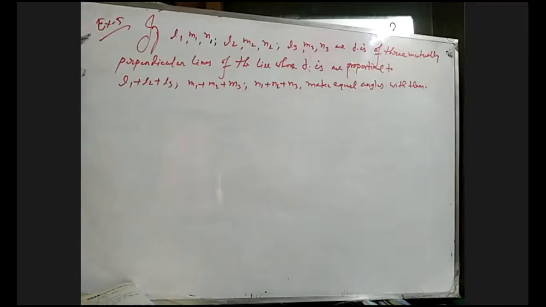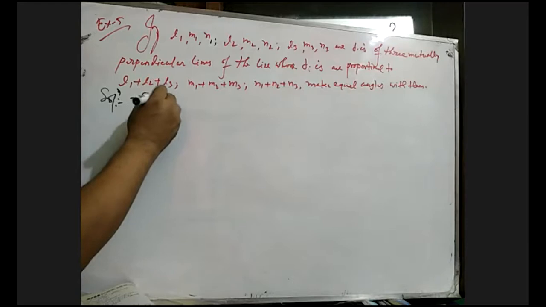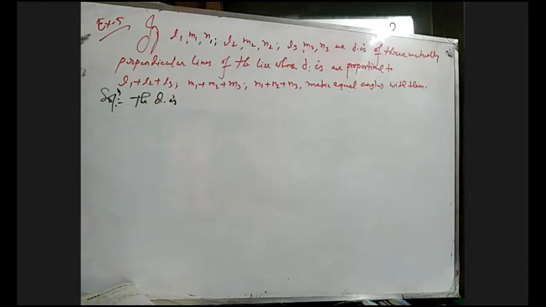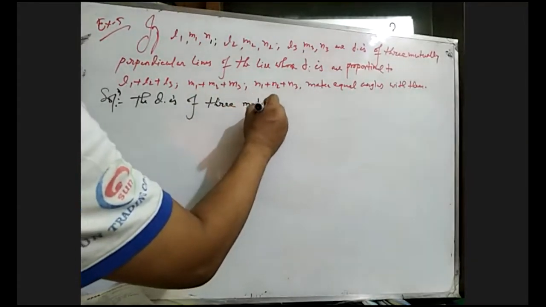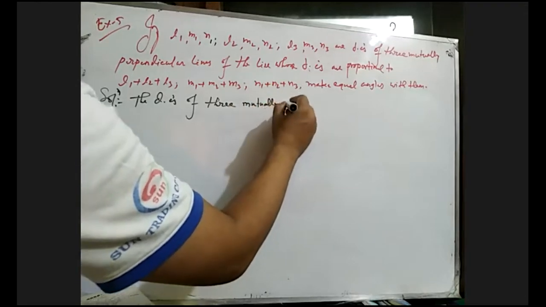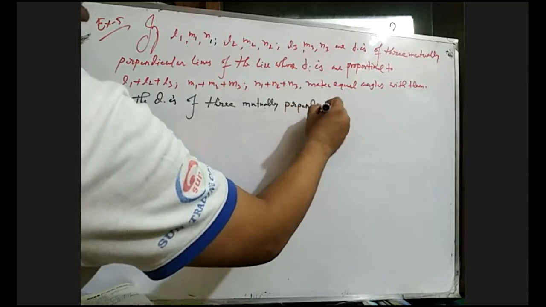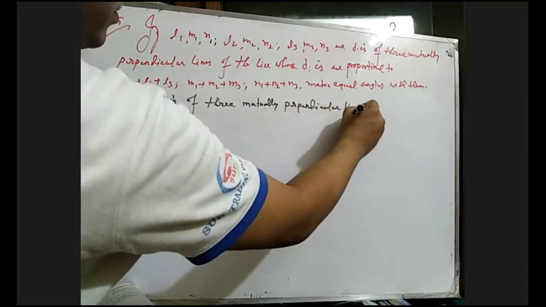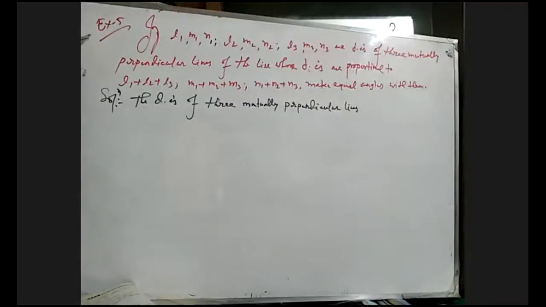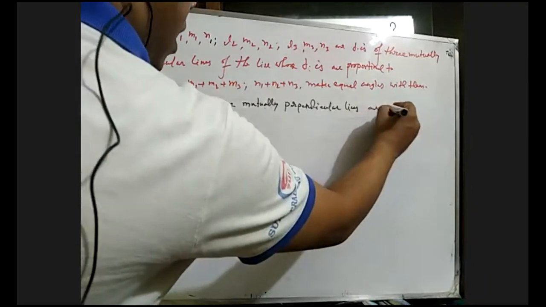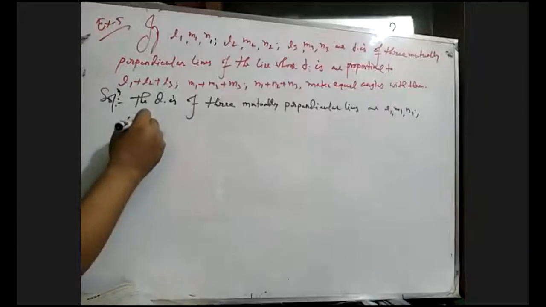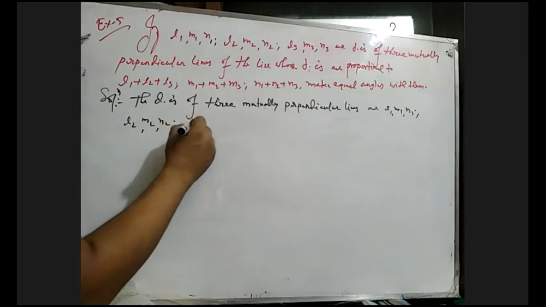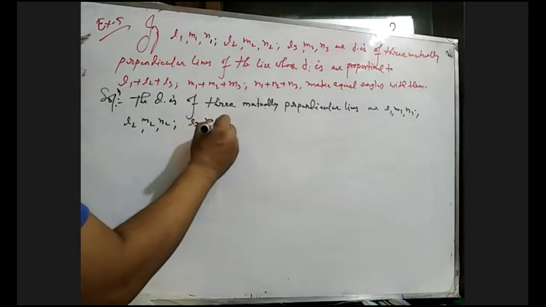So the direction cosines of three mutually perpendicular lines are L1 M1 N1; L2 M2 N2; L3 M3 N3.